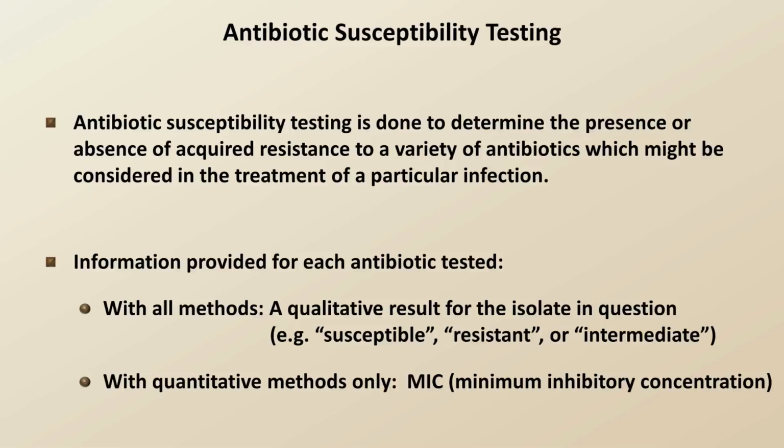Standardization of susceptibility testing is governed by a nonprofit organization called the Clinical Laboratory Standards Institute, or CLSI. The CLSI publishes guidelines and reference manuals that guide not only laboratory technique, but also provides recommendations regarding which antibiotics should be tested for which bacterial isolates, as well as what degree of growth inhibition or what MIC should be considered susceptible versus resistant versus intermediate for a particular combination of bacterial species and antibiotic.